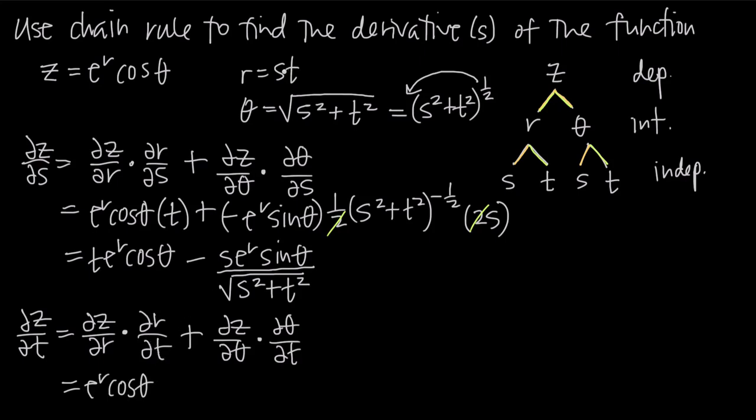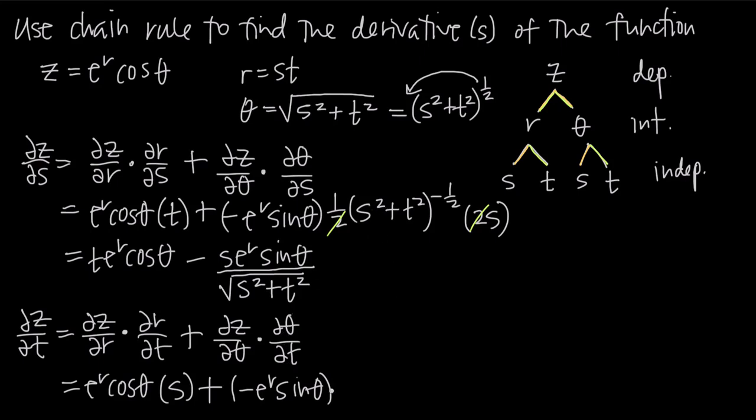So if we come back here to our equation for r, the partial derivative of r with respect to t is just going to be s, so we have to multiply this by s. Then we have to add to that. We've already found the partial derivative of z with respect to theta. We know that it's this negative e to the r sine theta value that we found up here. Then we have to multiply by the partial derivative of theta with respect to t.